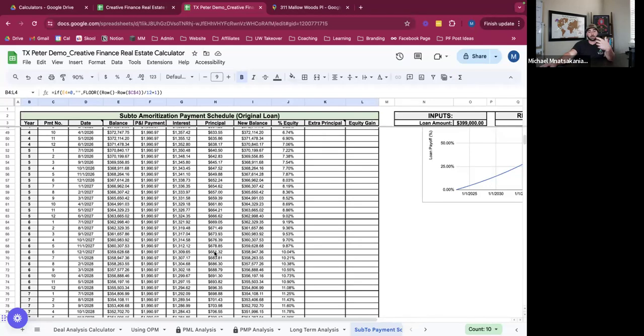Your tenants are paying down your mortgage for you. And the further you are in your loan amortization schedule, the more of that monthly payment goes towards principal, as opposed to being kind of wasted on interest. Although interest does have its benefit because it's tax deductible if you qualify for those deductions.